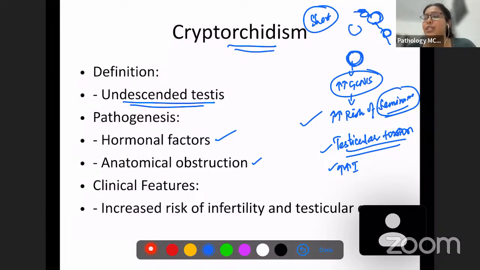So these are the risks of a cryptorchid testis. Now we know what a cryptorchid testis is, why it happens, and what the risks are.